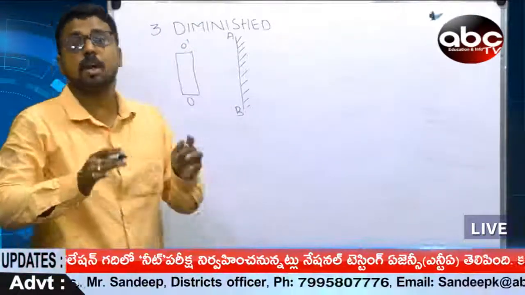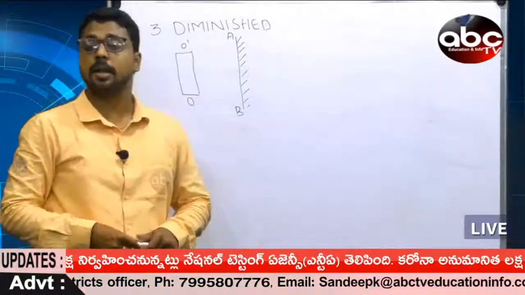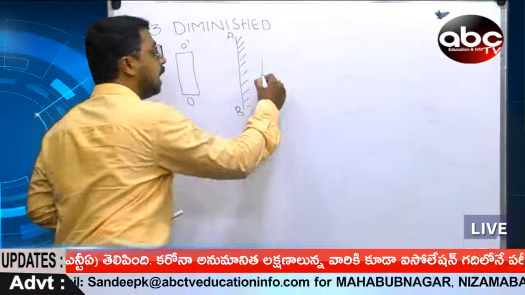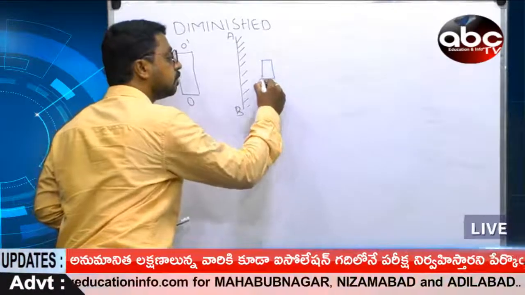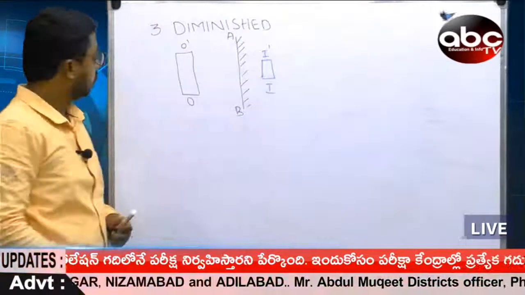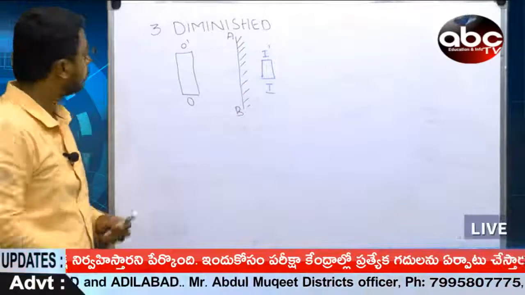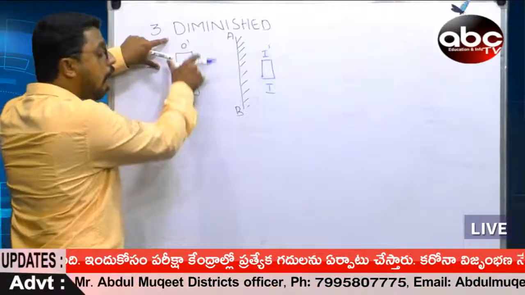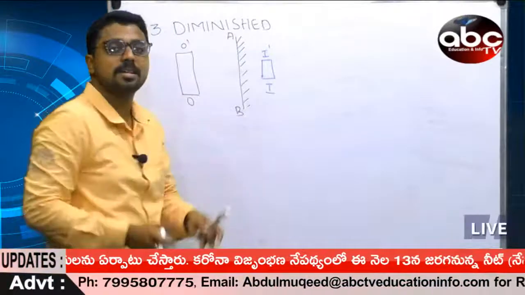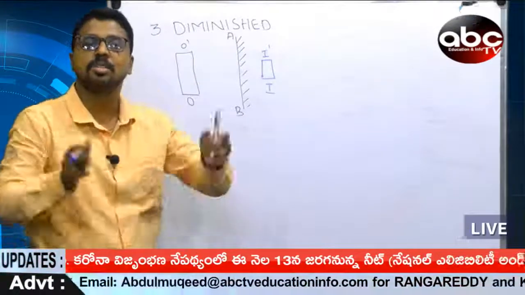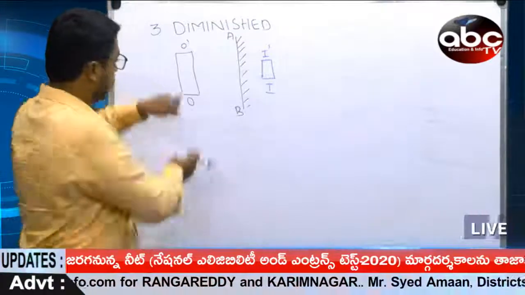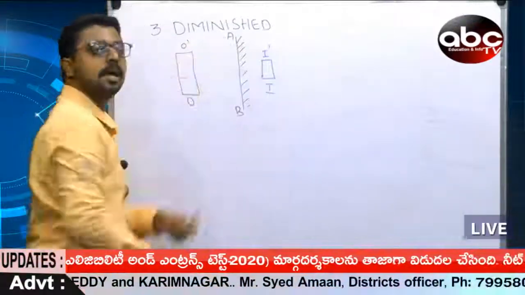I have placed an object here, and I am able to get an image, I dash. Now, you see the difference, friends? The size of object is somewhat greater, whereas the size of image is shrunk. It was minimized. It is only this much.